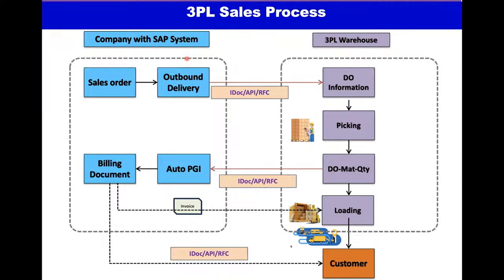The basic prerequisites we need to understand. The material master needs to be interfaced. Otherwise, you are creating new materials every day and the 3PL system will not have that material information. So based on the initial design, whatever the material master interface is, you can send the data by IDOC or API. And the 3PL should also have the database in their system.